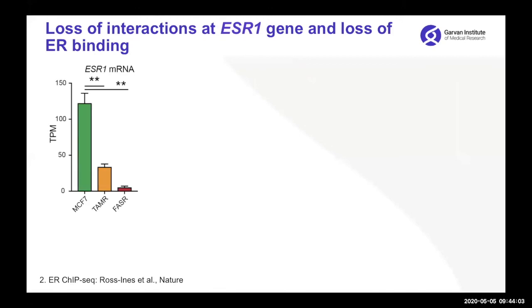So a key gene that we saw is being downregulated in endocrine resistant cells is ESR1 gene, which encodes the estrogen receptor itself. So here you can see that its expression is significantly downregulated in TAMAR cells, and it's completely lost in FASR cells.